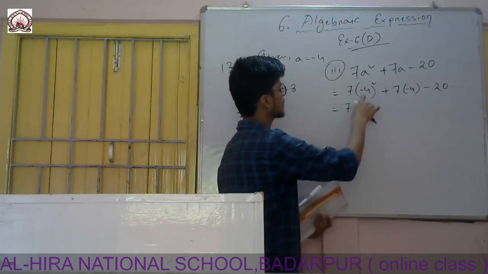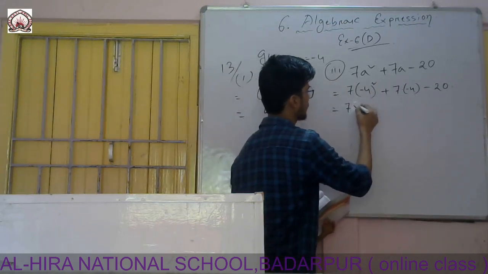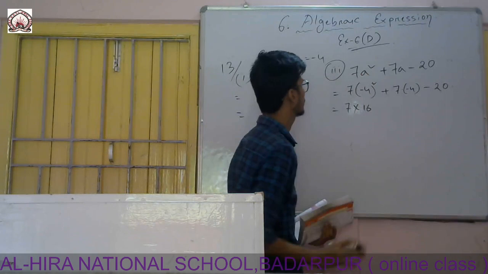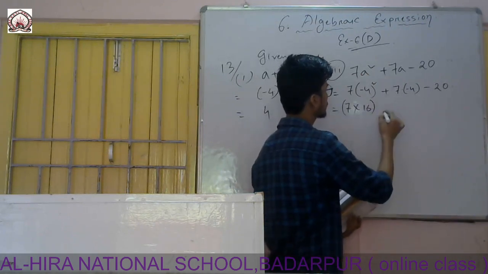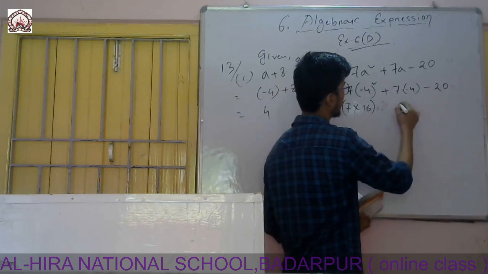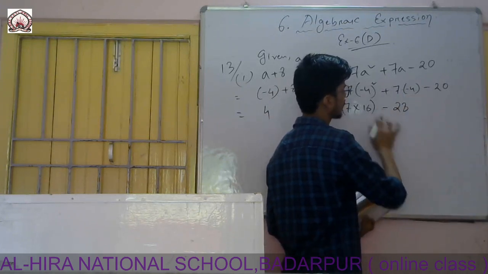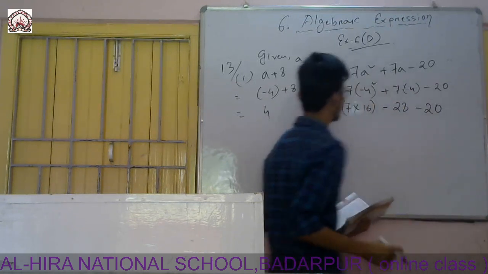So I can write 4 square, it is 16, and the answer will be plus 16, minus sign removed. So 7 into 16, and again if I solve this one, 7 4s are 28, and minus plus minus it is minus, and at last it is minus 20.